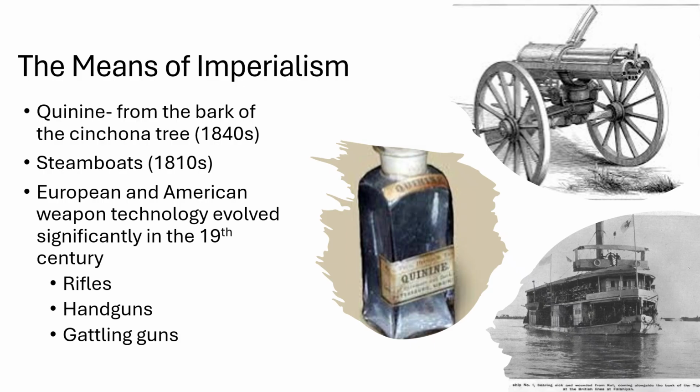And so all of these military developments are mostly in the hands of Europeans and Americans. And so again, this is allowing them to travel further into Africa, into Indonesia, and down into South America as well.